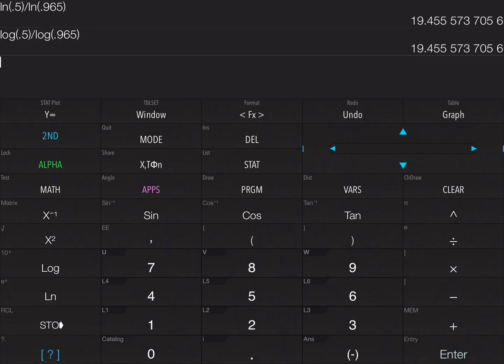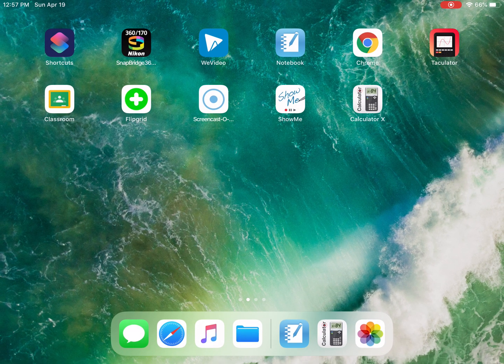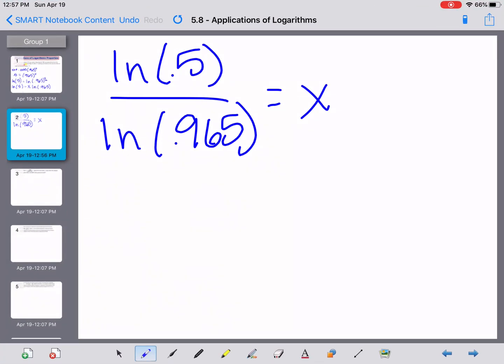I'm just going to round to the nearest hundredth, and we'll be close enough. So that means that my half-life, in this case, is about 19.46, and that's minutes.